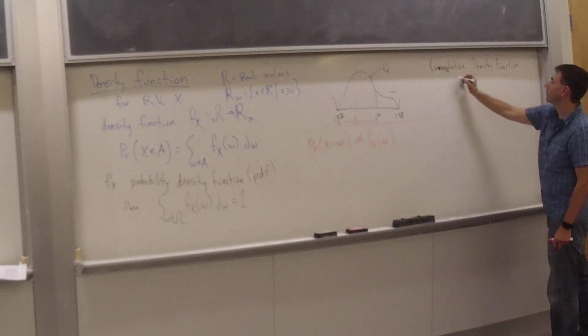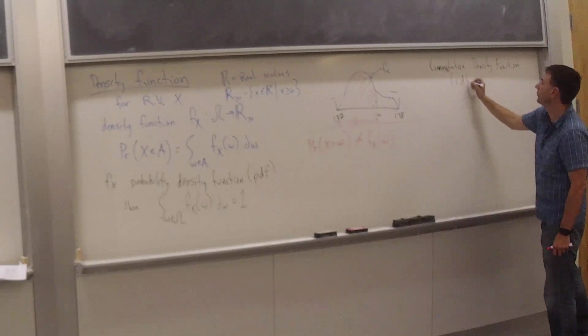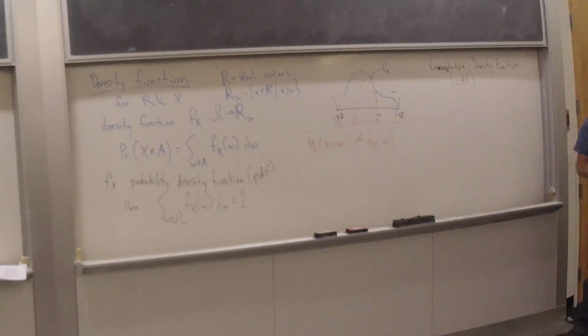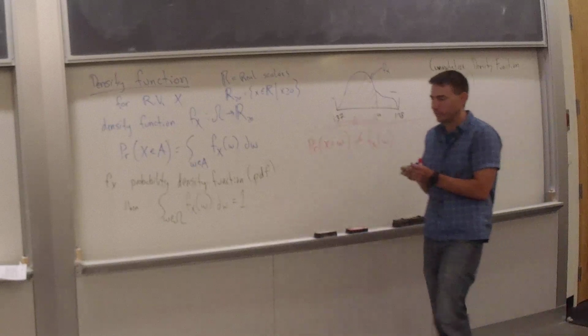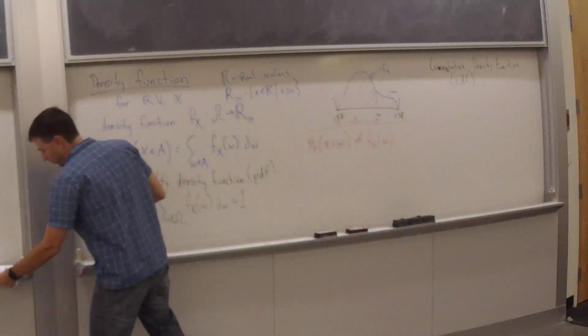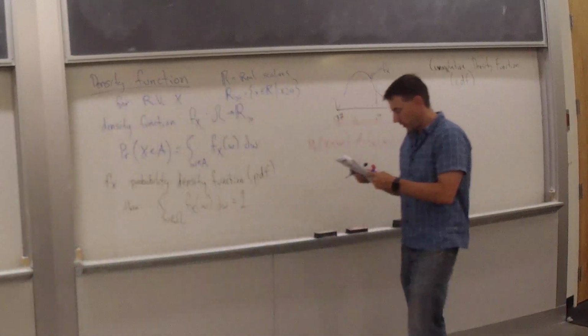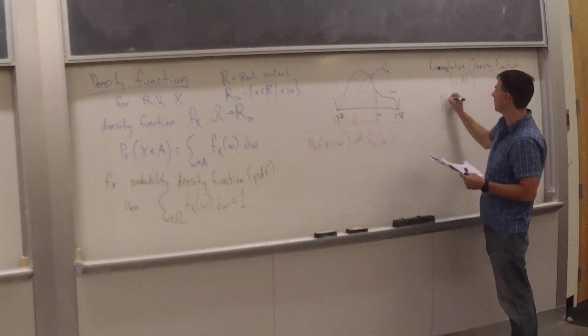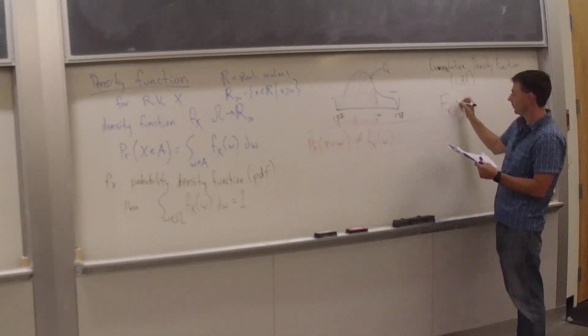This is often called the CDF. It is a transformation of this probability density function, which is going to be much more intuitive to work with. I'll also write this with an uppercase F of x.